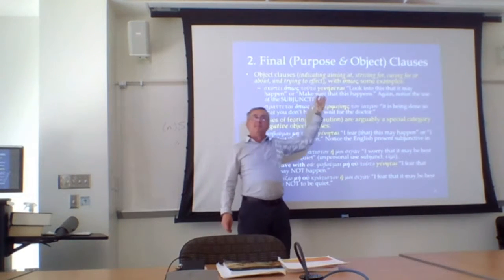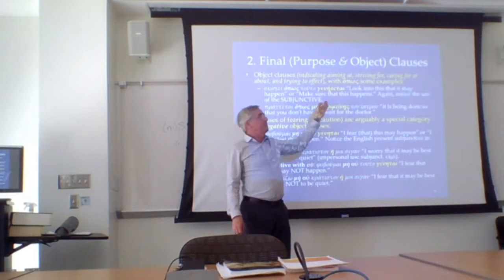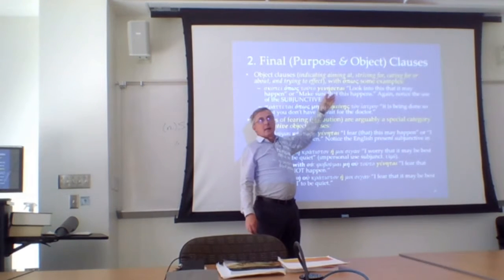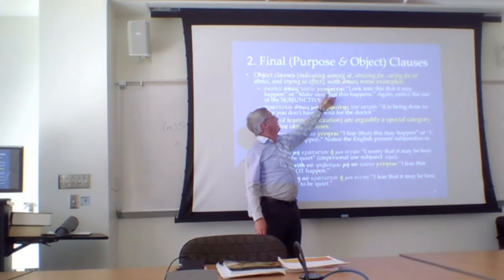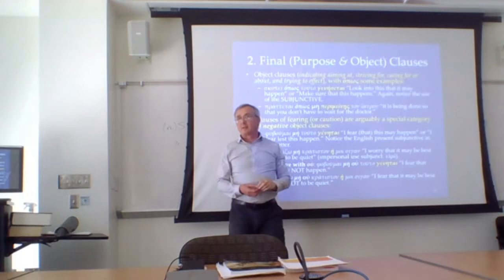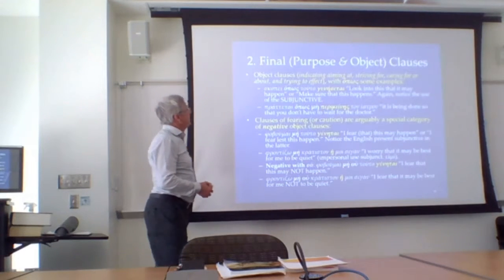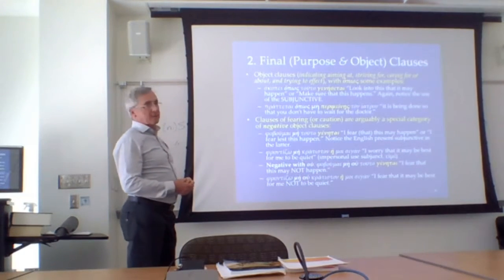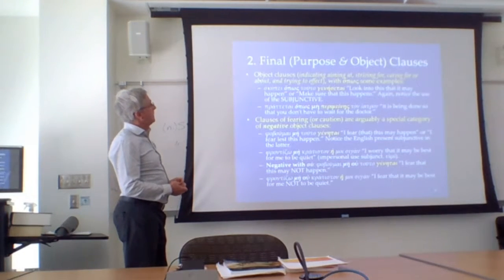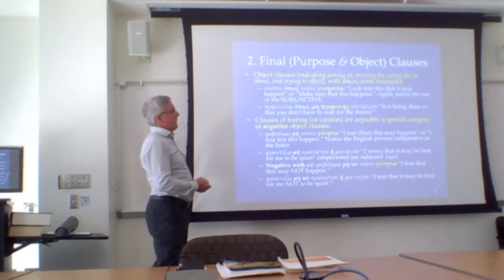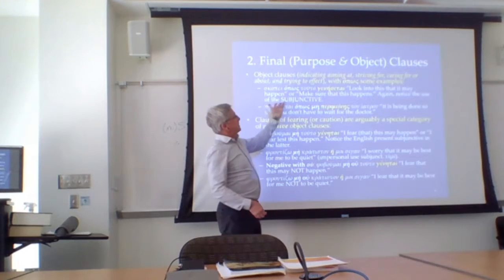And I deliberately used a middle form here, just to call attention to the fact that it is a future middle, so you have a lengthening of the thematic vowel, genesetai, touto. Look into this, skopeo, to investigate, look into, that this may happen. Make sure that this happens. Again, use the subjunctive.